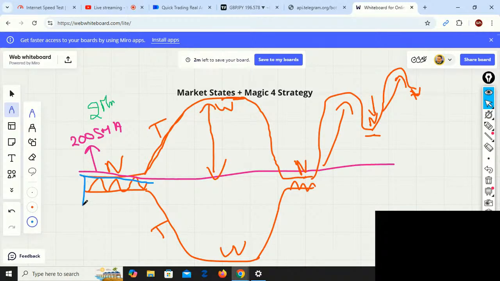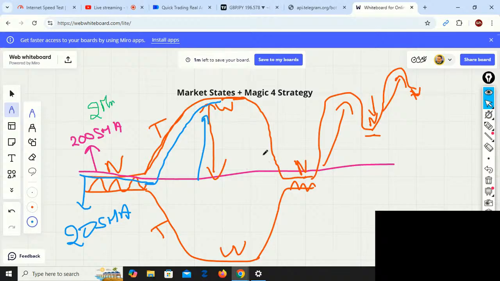This is your 20 simple moving average. So when you are in a trending state, your 20 will push away from the 200. When you see the distance is far away between the 200 and the 20, this is your wide state.